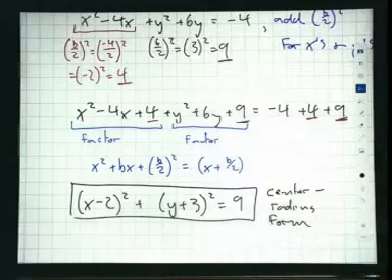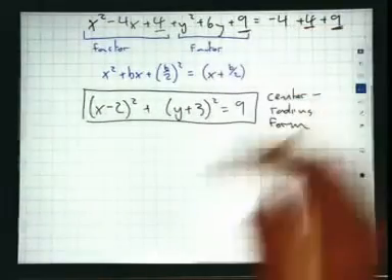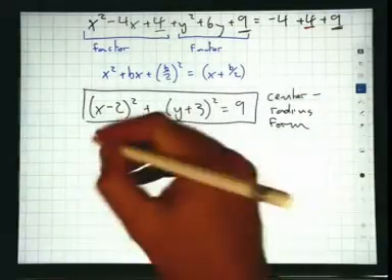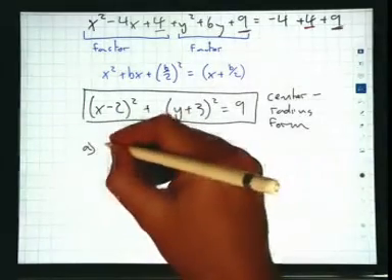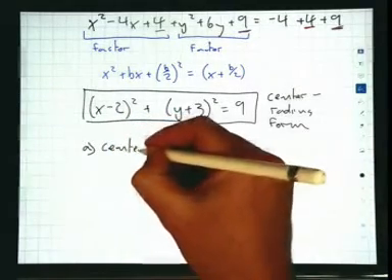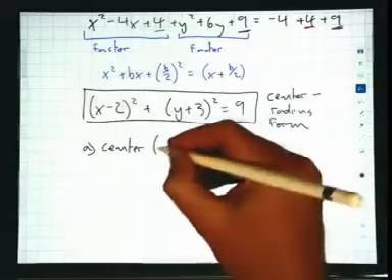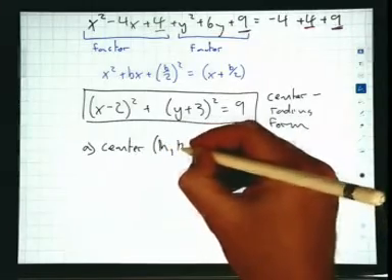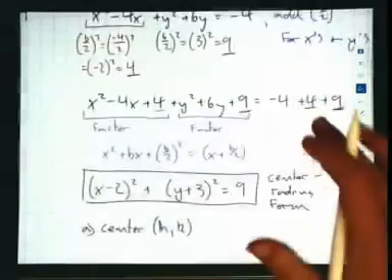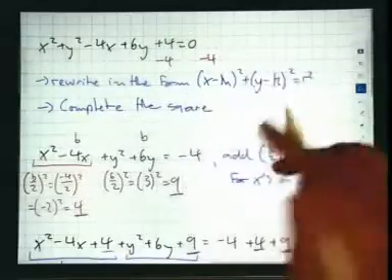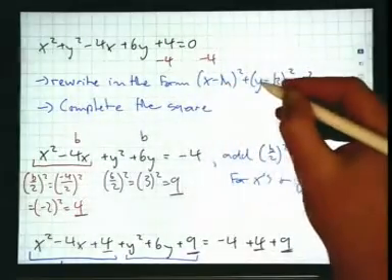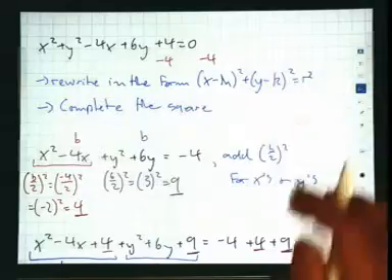Now, taking an extra step here, A, what is the center? The center is h, k. So remember our format, we want to get to this point: x minus h quantity squared, y minus k quantity squared.